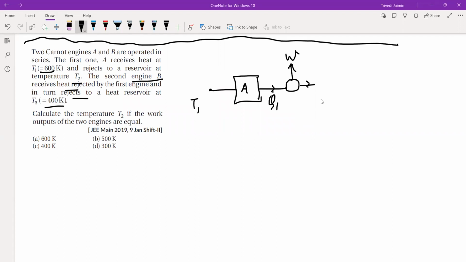Heat rejected from system A and heat received by system B. So here we'll attach system B or engine B. This will be Q2. So B will have temperature T2. A is having temperature T1. So B will release Q2.